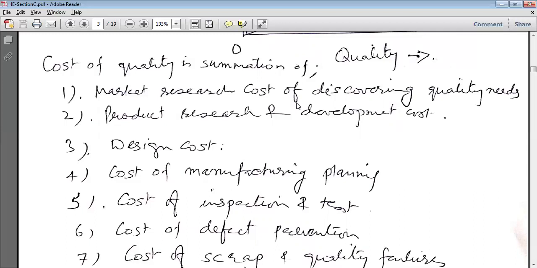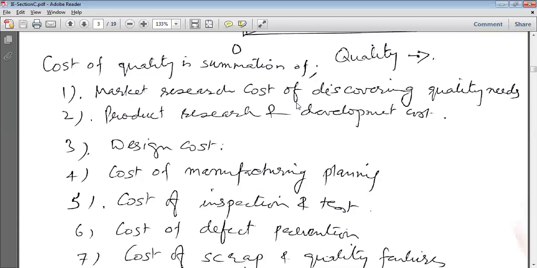Then product research and development cost. According to the market research, according to the market needs, the product is developed, and the cost invested in product research and development is also taken into consideration for the cost of quality. Then third, we have design cost.